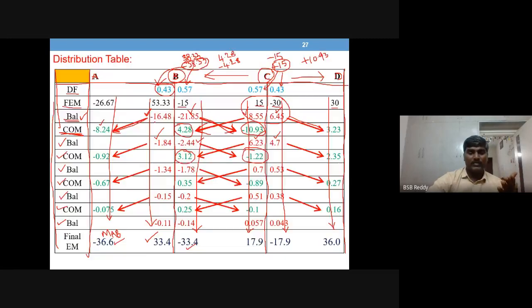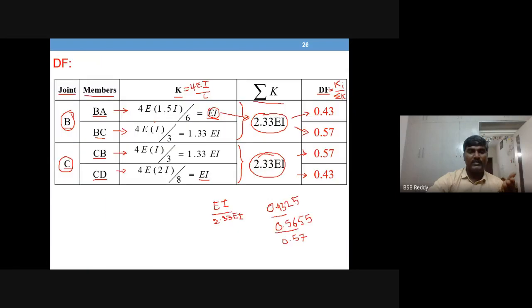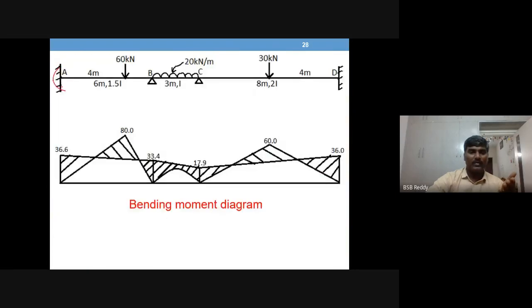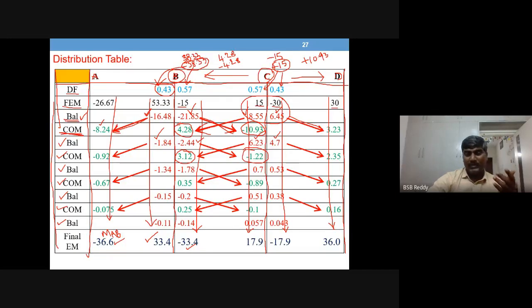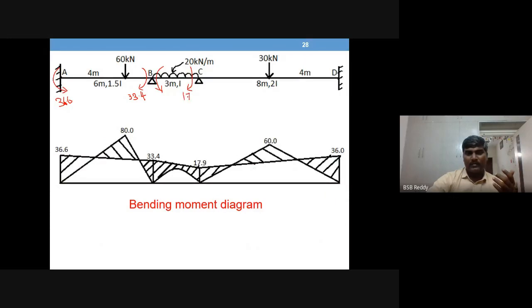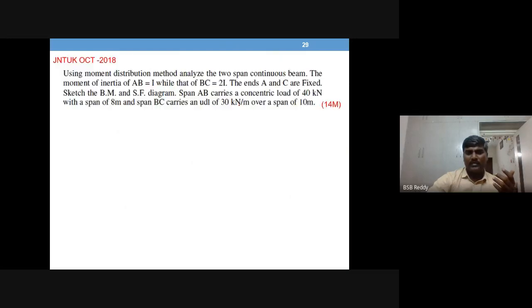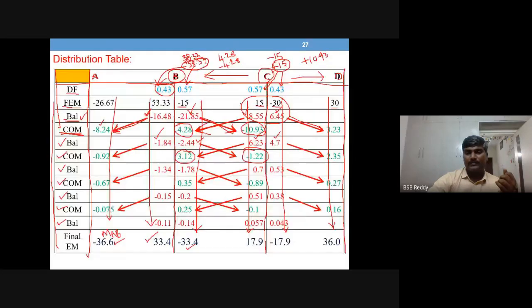If you see minus 36.6 is the moment at A, minus means anti-clockwise, and at B, 33.4 positive means clockwise, and again it is minus 33.4, and this one MCB plus 17.9, minus 17.9, and finally plus 36.